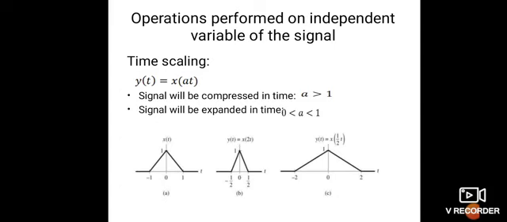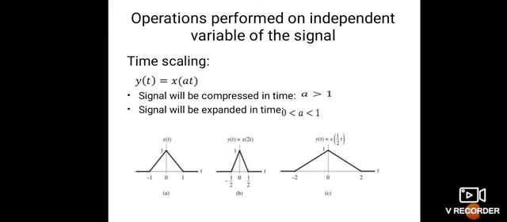And if the value of a is between 0 and 1, the signal will be expanded in time. So first, if a is greater than 1, the signal will be compressed in time.